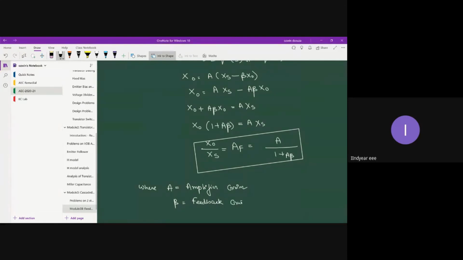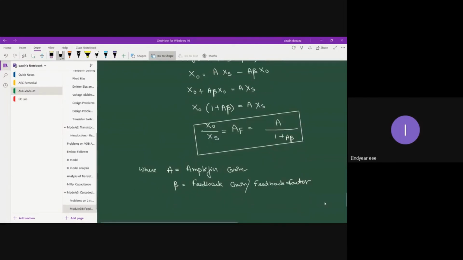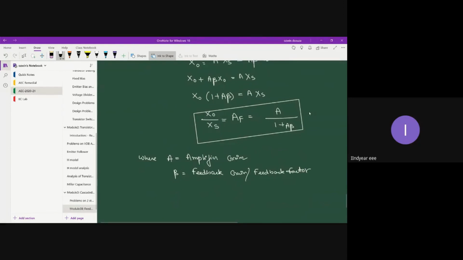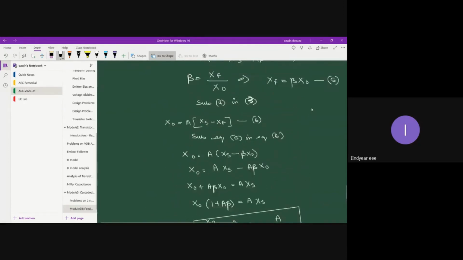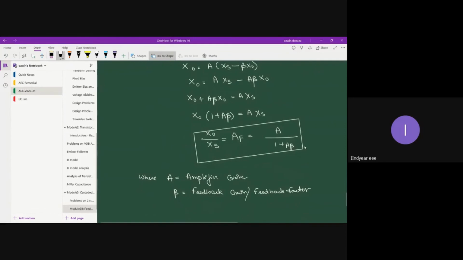Feedback gain is sometimes also called the feedback factor. So remember this particular equation. Let's say equation 7.